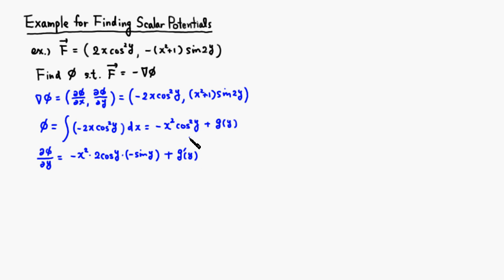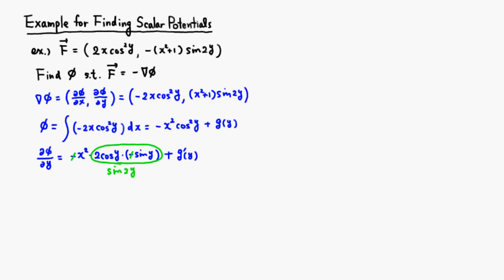Alright, then we have to do a little bit of trig identity. Here you have a negative sign and a negative sign that cancel out. Then you see that 2 sine cosine is the same thing as sine of 2y.